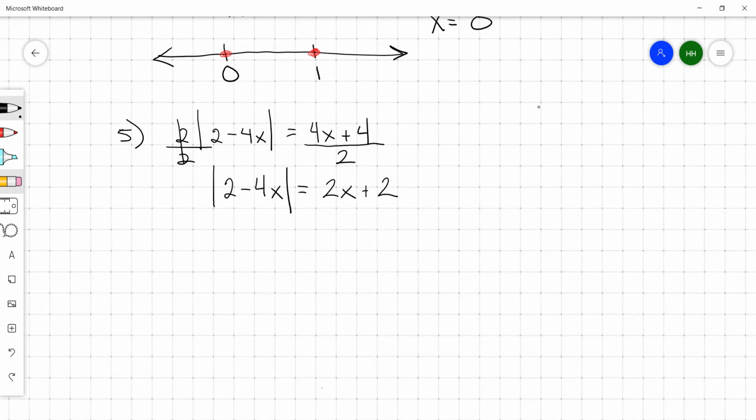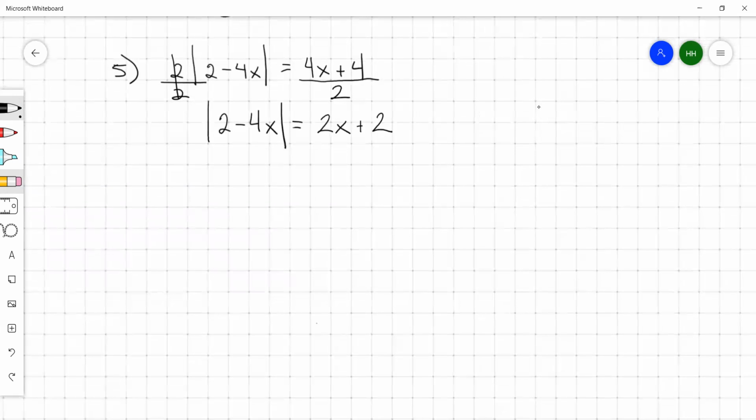Now you can write your two equations, but again, you got to be careful. We talked about this in the notes the other day. Your first equation is 2 minus 4x equals 2x plus 2. In your second equation, you have to negate everything on the right side.